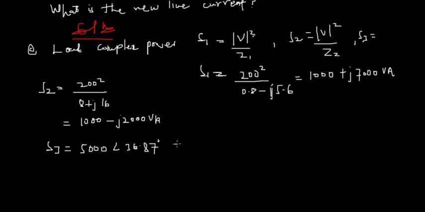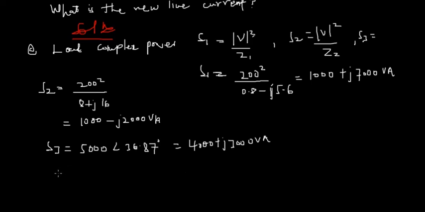When you compute this, you end up with 4000 plus j3000 VA. So we've been able to calculate the individual S1, S2, and S3.